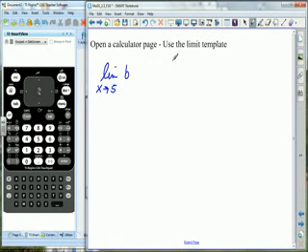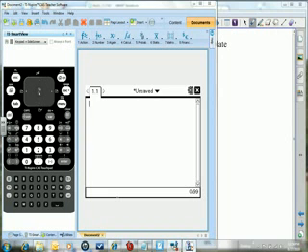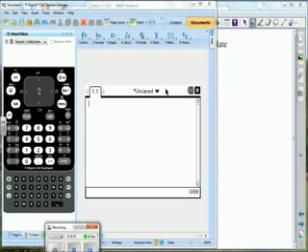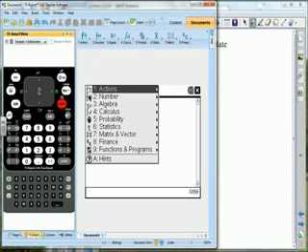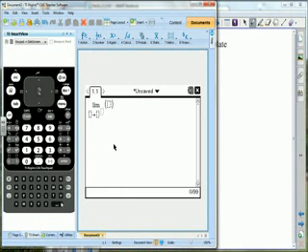In the first iteration, let's let b equal 2. So we're going to go over here and put that limit in. Now there's a couple ways to get to our limit. We can go to Menu, then Calculus, then Limit.